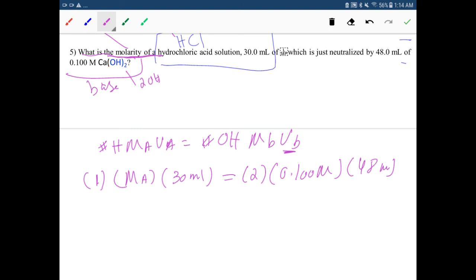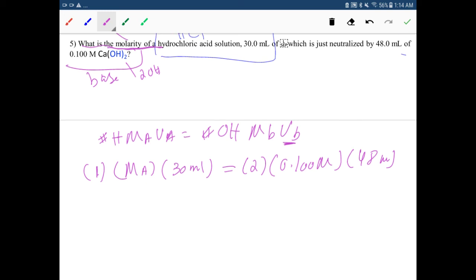Now that I have all the numbers down, all you need to do is isolate the missing variable. You could do that, or you could start by multiplying and then dividing, whichever way you like. I'm going to do it my way and isolate MA by dividing both sides by 1 times 30 ml.